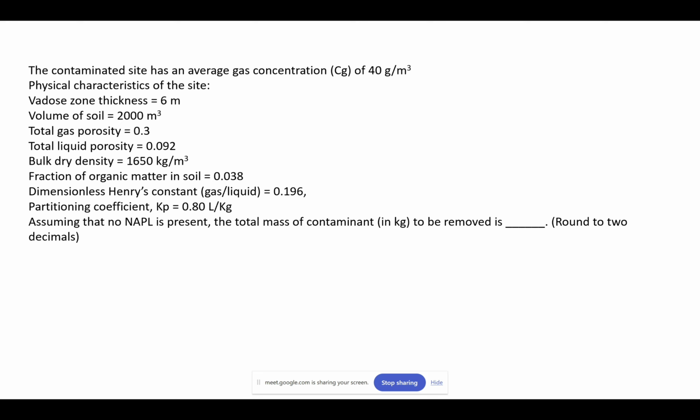So this is the overall question. We have vacuum with respect to distance, and the physical characteristics of the site, and we have to find the total mass of contaminant to be removed when there is no NAPL. I'll give you all 5 minutes. Please try to solve this question, and then we will discuss.